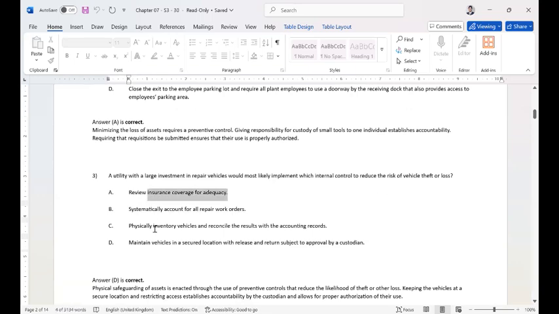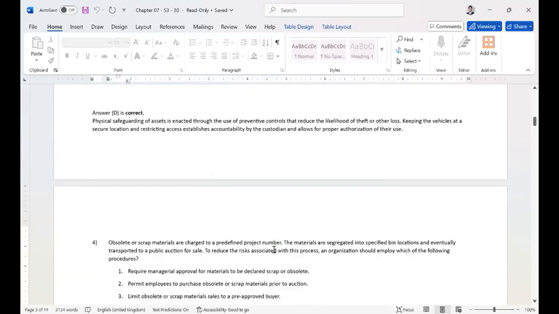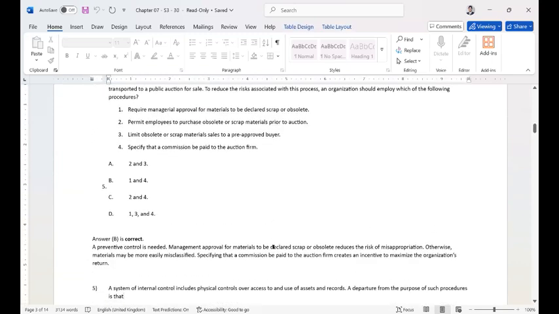Insurance is not a preventive thing. Physically inventory the vehicles and reconcile, that is also important. The secured location makes sense, no? C won't prevent theft, it will help you identify whether there is a theft, by doing a count, like a cash count.